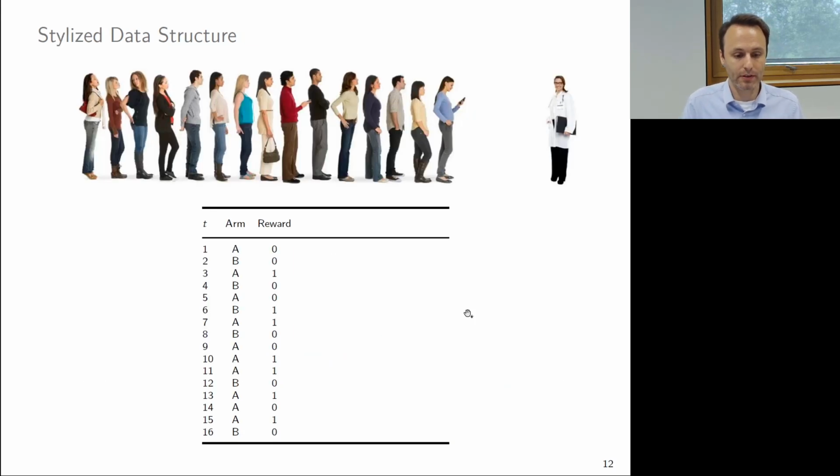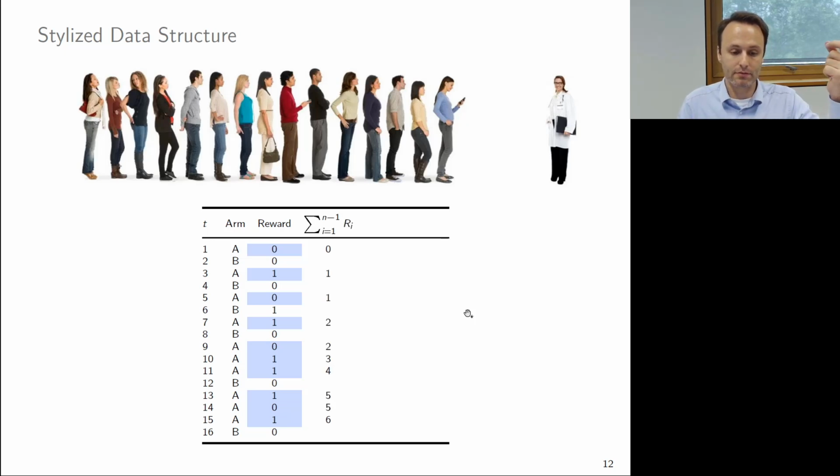Another property of the multi-armed bandits is that instead of storing all the rewards, we can check out arm A, for example, sum them up, form a running sum up to n-1, and then count how often we have played arm A, that's 10 times.